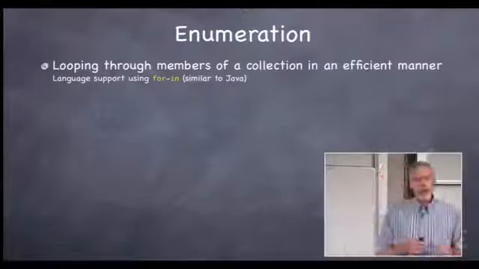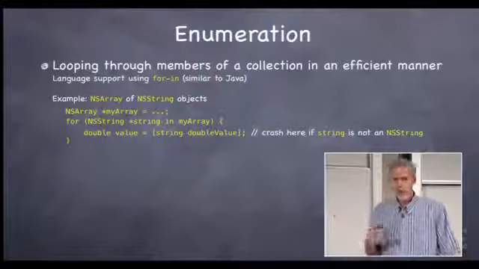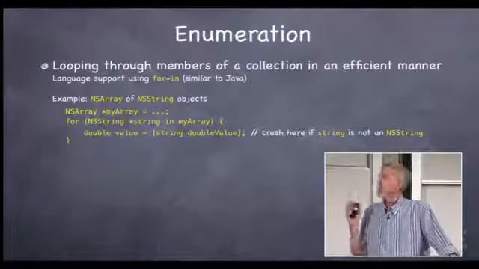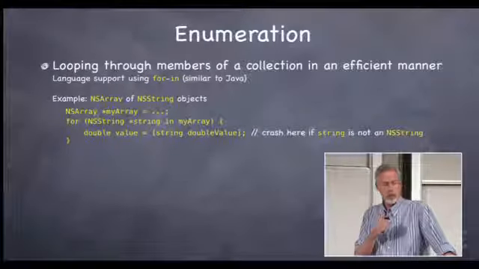If I wanted to enumerate through all the objects in an array, I would say NSArray *myArray equals something. So I have an array that I got from somewhere, I made it myself or somebody gave it to me. Then I just say for a typed variable, NSString *string.